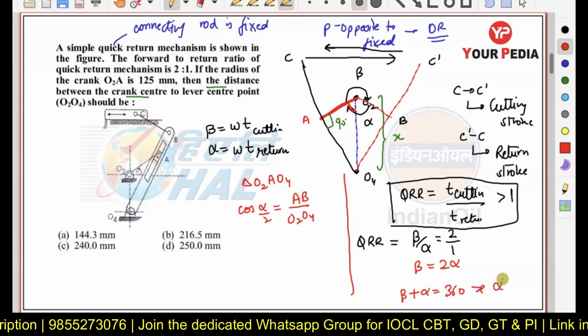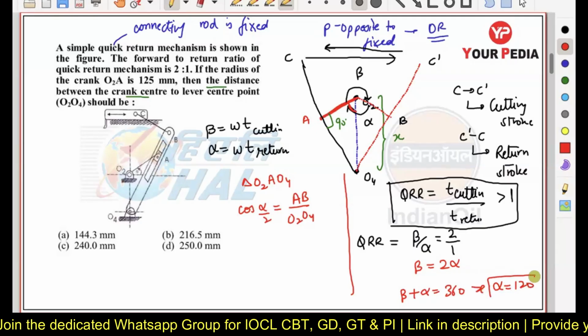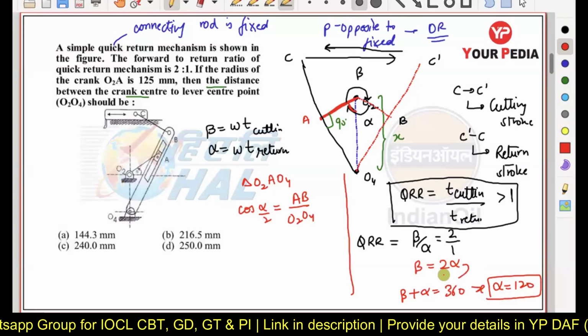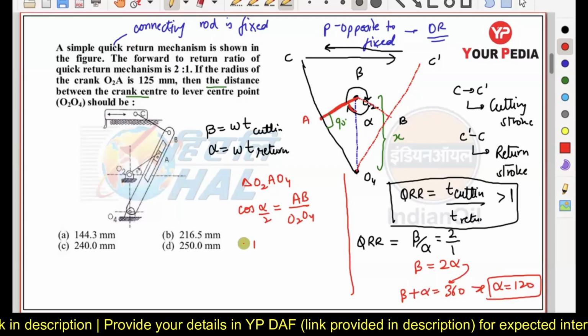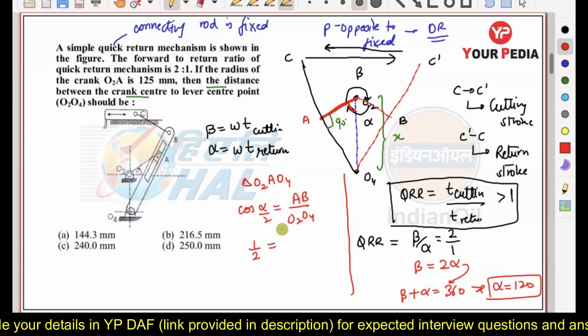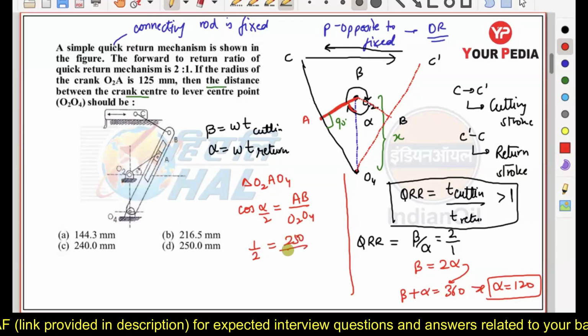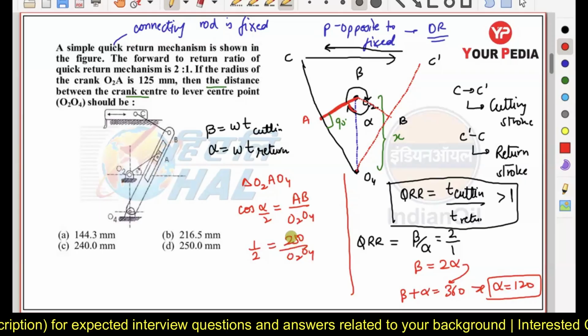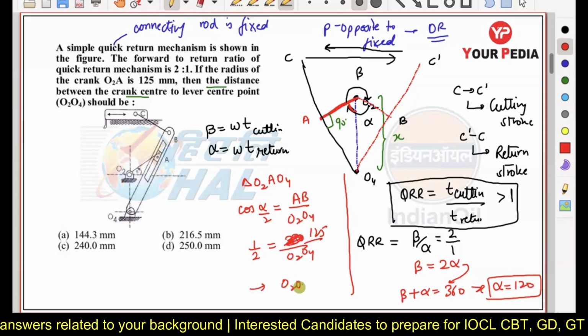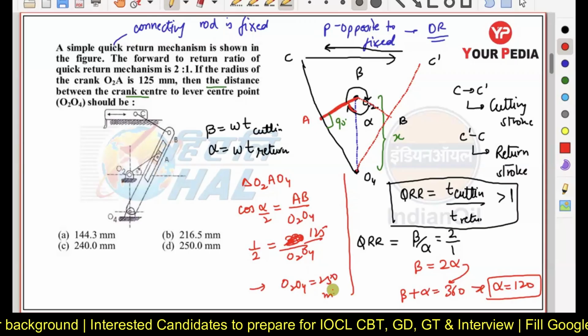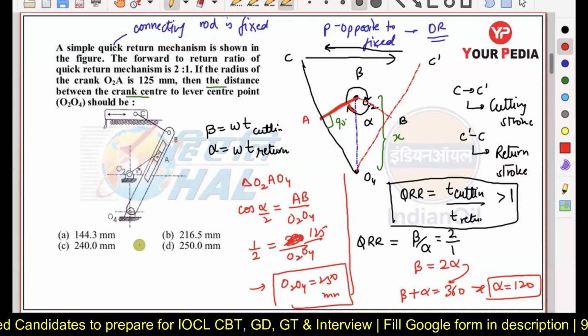So correspondingly, alpha is coming out to be 120 degrees after solving. Now you can see cos of 60 is equivalent to 1 by 2. AB is 125, so I can say O2 O4 is coming out to be 250 millimeter here.